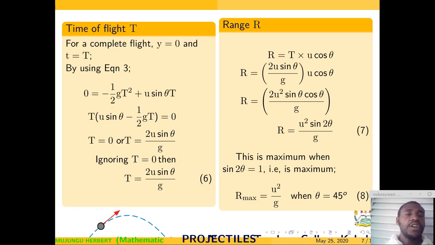So we substitute 0 for displacement in equation 3, because after its flight it goes back to a displacement of 0. We simplify and solve for t. Our t is now the time of flight, this capital T. These are the steps.